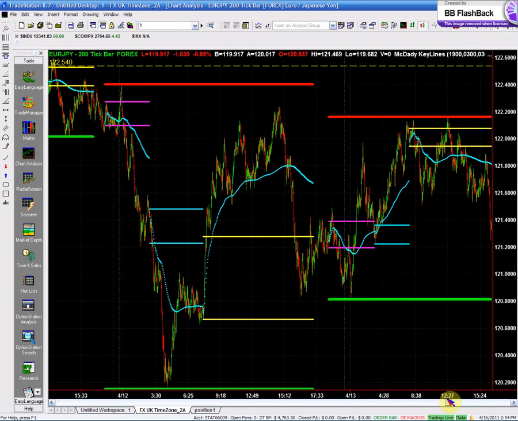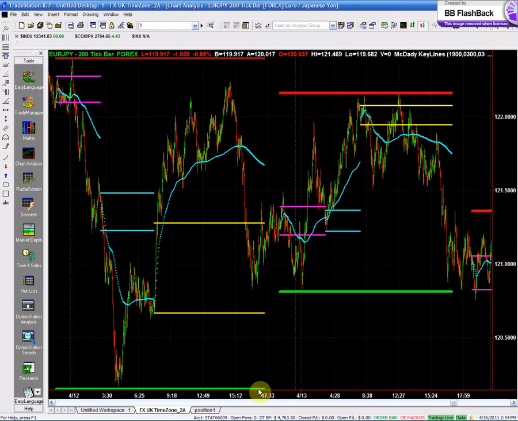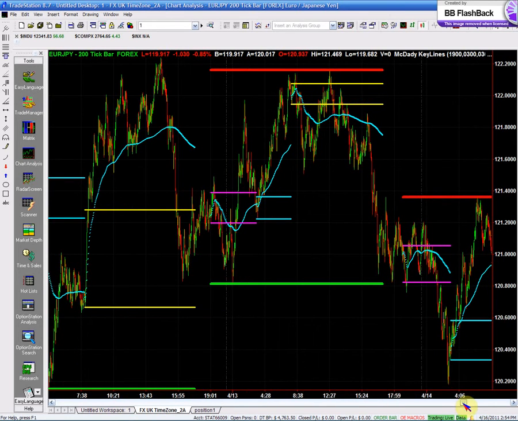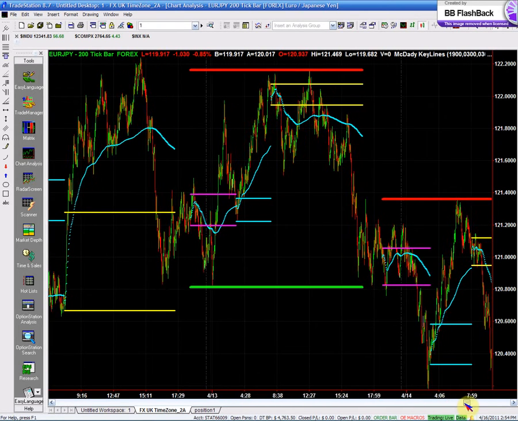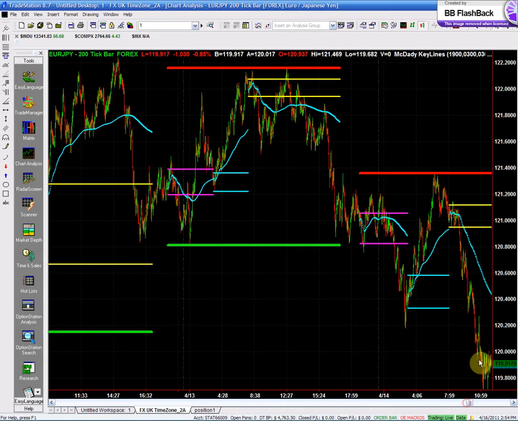That's my momentum low right there, and it's been kind of coming back to retest it. Now it broke below it.